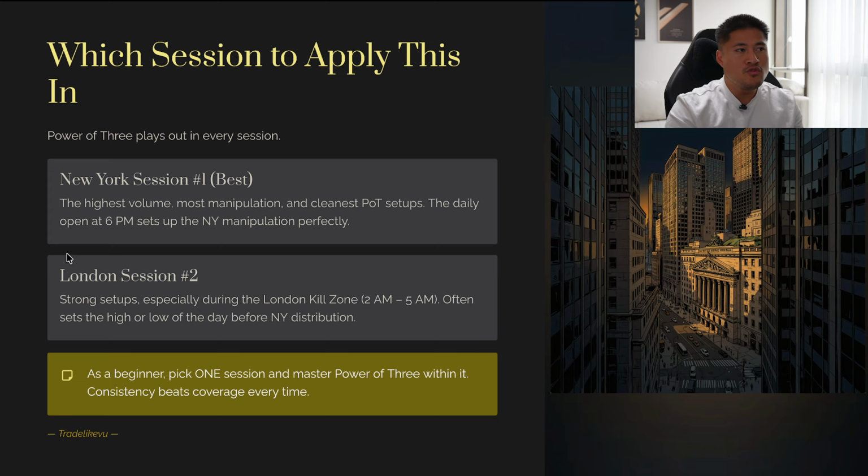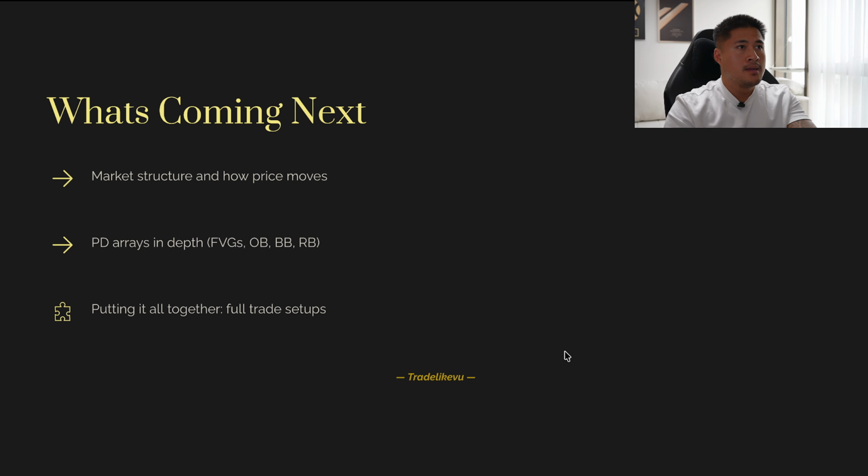And yeah, you can also trade during London if it fits you, if it fits your personality, if it fits your nervous system or your psychology. But most traders, I would recommend to trade during the New York session, all right? As a beginner, pick one session only and master the power of 3 within it, okay? Consistency beats coverage every time.